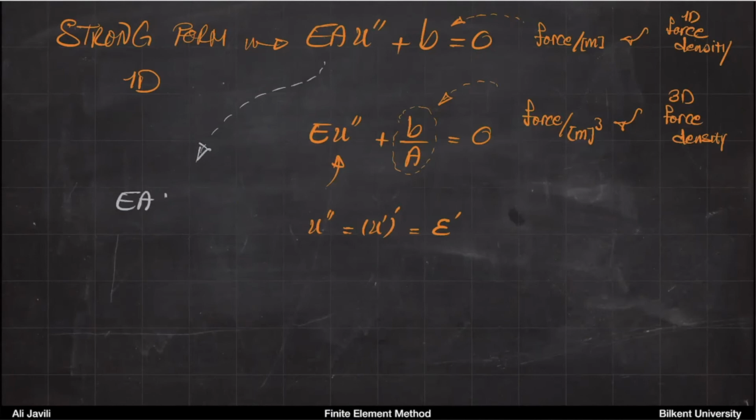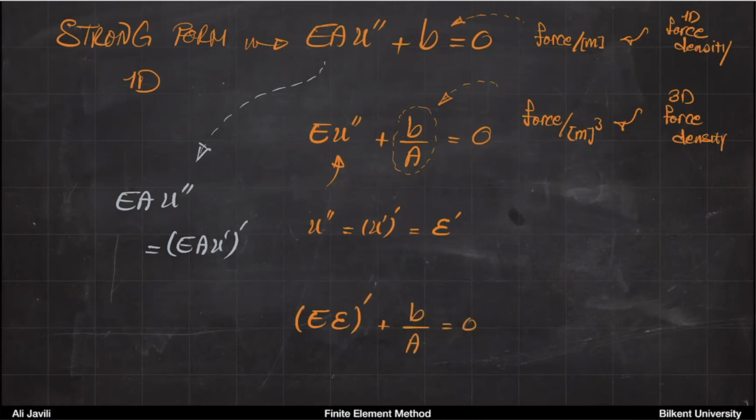We wrote it EAU double prime because we assumed E and A are constant. Otherwise, it was something which looked like EAU prime prime. You remember that, right? So if you take that into account, what you have here is E epsilon prime plus B divided by A equals 0.